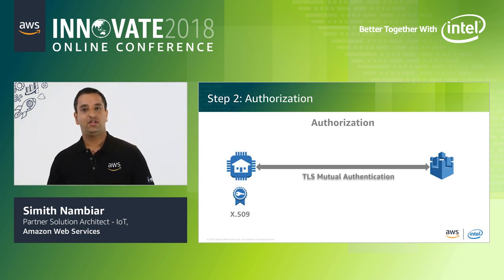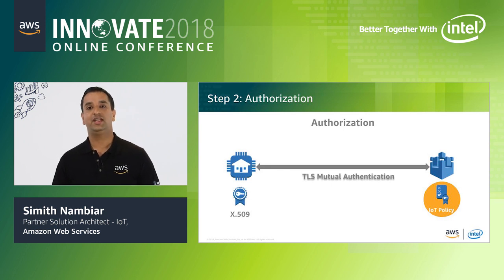But to actually connect via MQTT to the platform, the thing needs to have an IoT policy attached to its X.509 certificate, which will describe the various operations it can perform once authenticated. This is called authorization. Authorization essentially defines what a thing can do once it successfully connects to the AWS IoT platform.